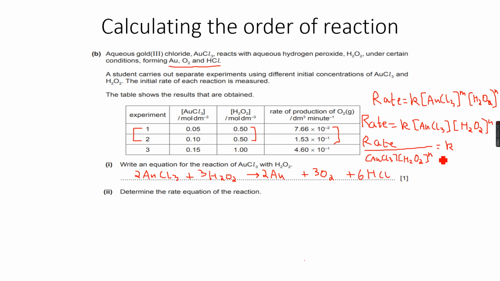Okay, so I've rearranged this equation like this now. Now we know that the rate over the concentration of AuCl3 times the concentration of H2O2 to the power of n will always be one value, because k is a constant. K is the same for all these experiments. At the same temperature, k is constant, so k is the same for all three experiments.